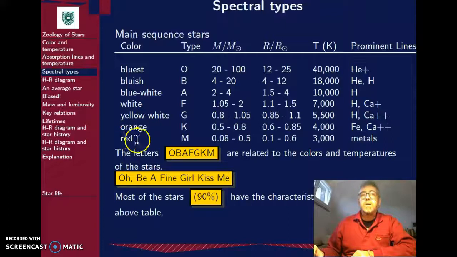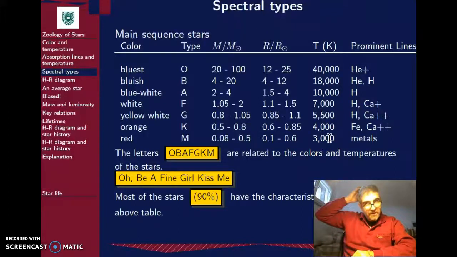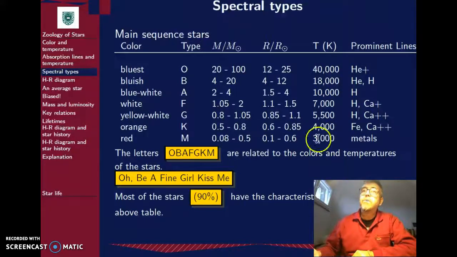Well, below this table we have the red stars, which are classed as M-type, and we see that their mass can be as low as 8% of the solar mass, and the radius as well can be 10% of the solar radius, and the temperature will be like 3000 Kelvin, so they are very cool.